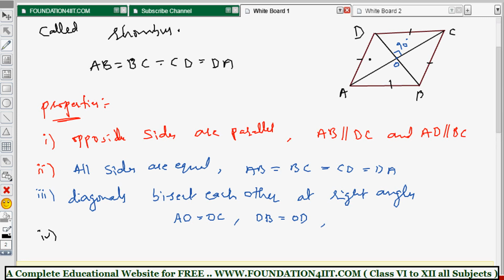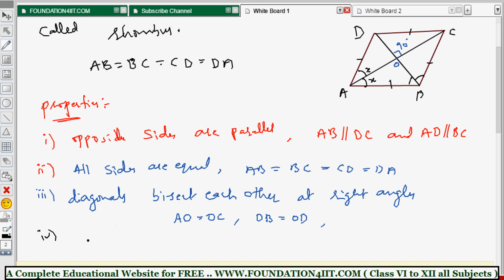See here, if these two angles are x degrees, this also must be x, and these two should also be the same. So AC bisects angles A and C, and similarly BD bisects angles B and D.